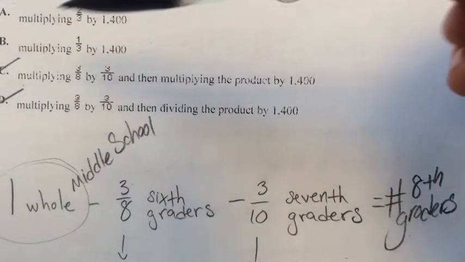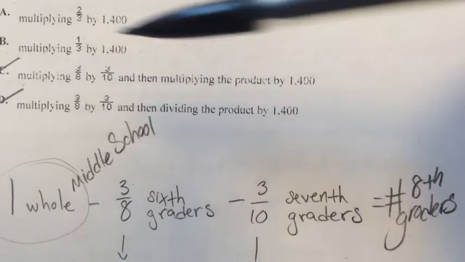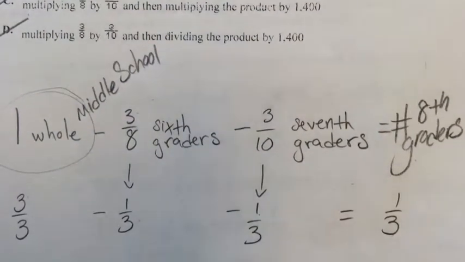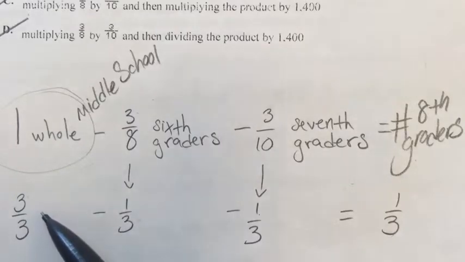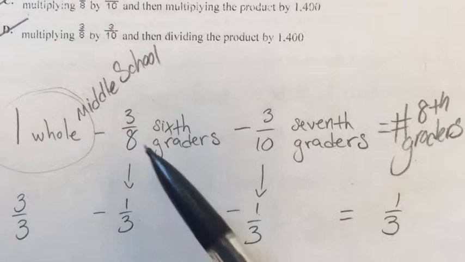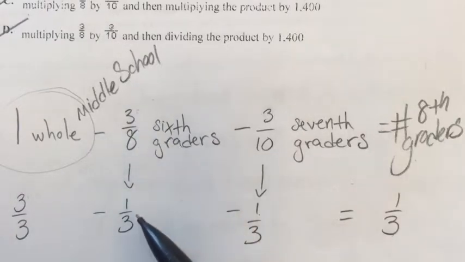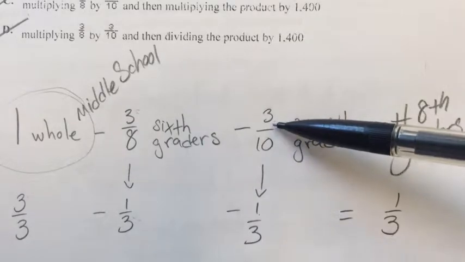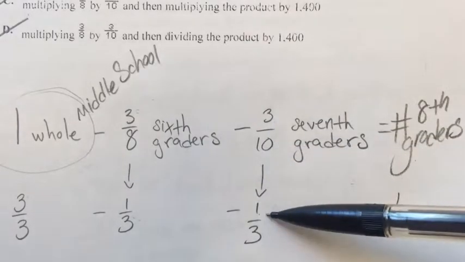I can see in my problem that they estimated to the nearest third, so I'm going to make my estimation to the nearest third. One whole is just 3/3, because 3 divided by 3 is 1, right? 3/3 minus, I estimated 3/8 to be close to 1/3, and another 3/10 is also close to 1/3.